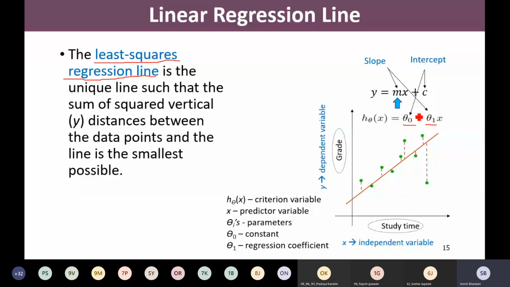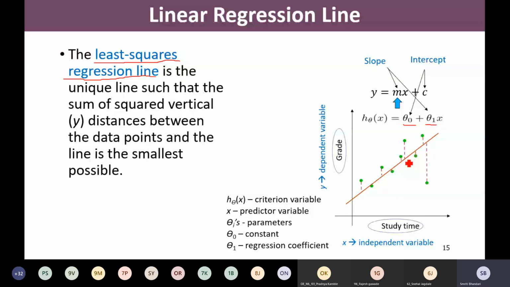So whenever we are saying appropriate parameters theta 0 and theta 1, we are expecting that our line is the least squares regression line, which is the unique line such that the sum of squared vertical distances between the data point and the hypothesis is the smallest possible.